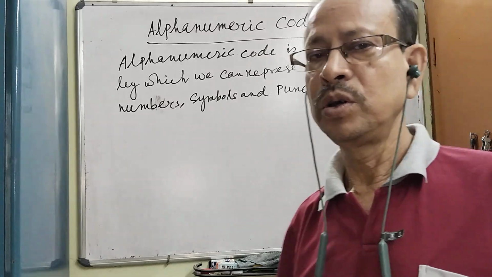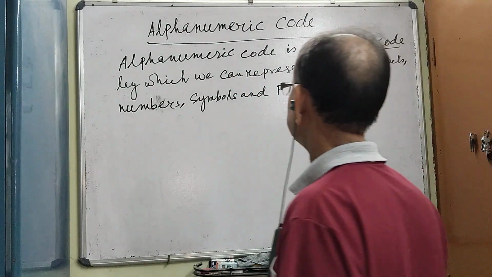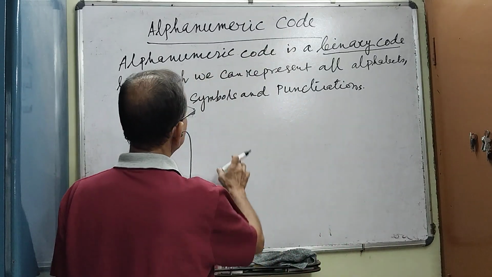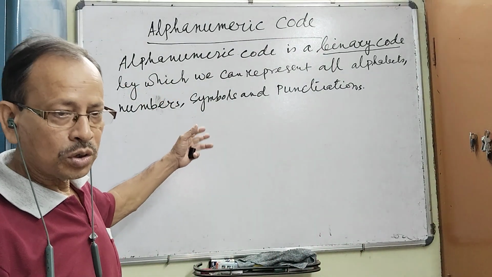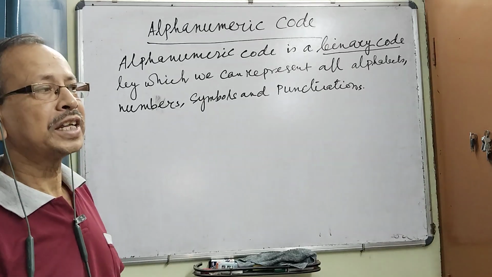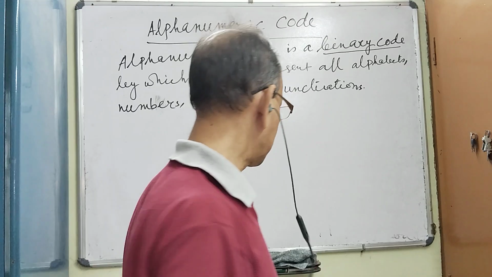Alphanumeric codes are basically of three types. So this is the definition, and this is the requirement for understanding the hardware. So what are the different alphanumeric codes?